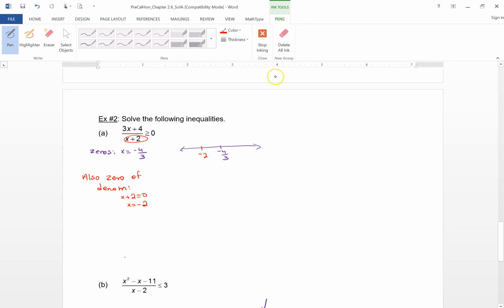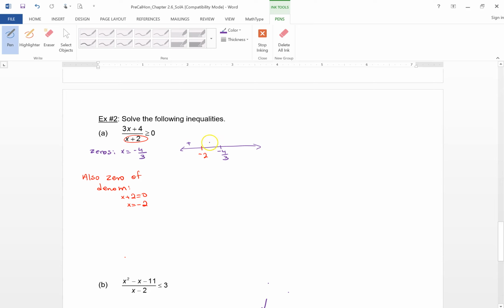But watch out, especially at negative 2. Plug in a number less than negative 2, like negative 10, and you will get a negative over a negative, so it's positive. Now, if you plug in a number here, like negative 1.5, what do you get?